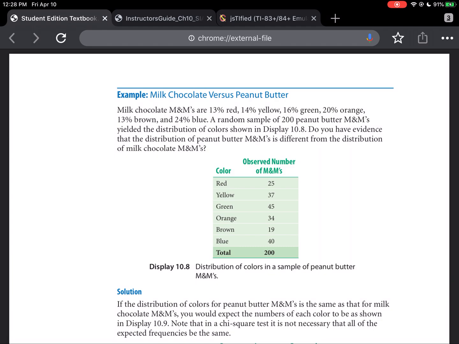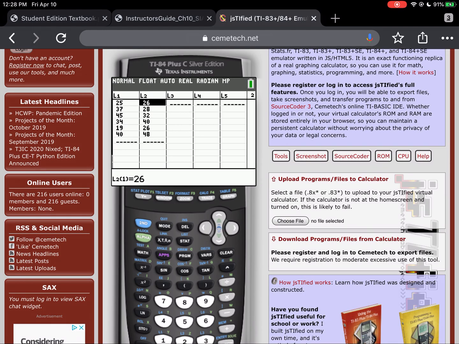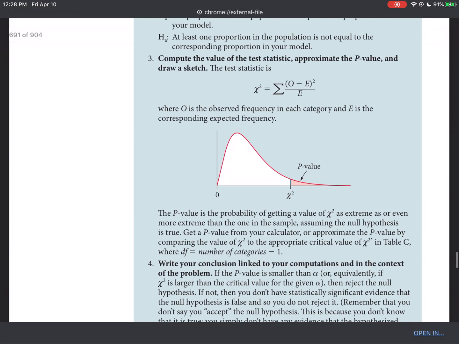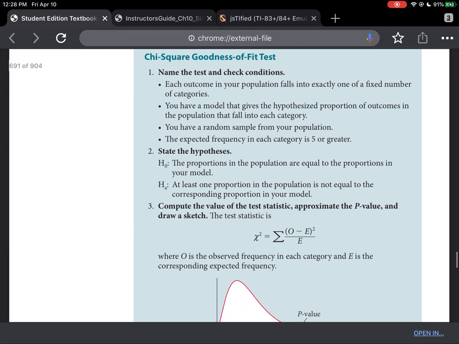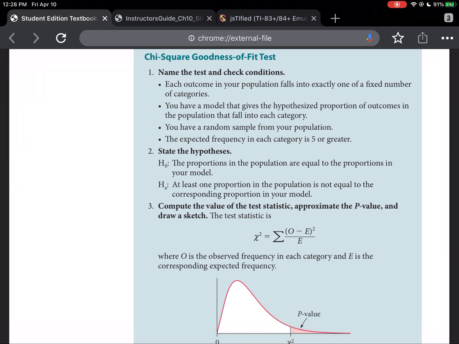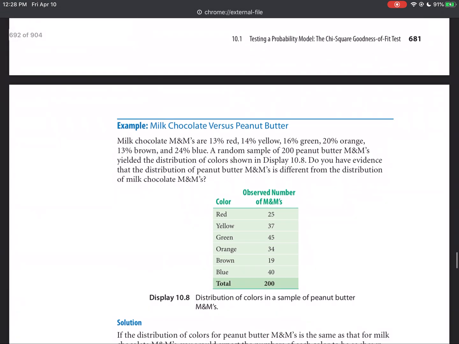Okay, if I go back and look, the expected values, those are the ones in list 2. Those are certainly all greater than 5, so I'm good there. And then finally, the last condition, if we come on back up here, is that did they give us a model? And of course, they did provide us with a model.